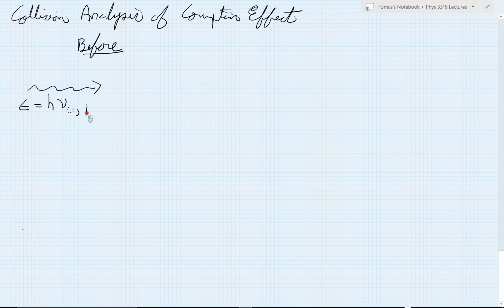And then it has, of course, by our hypothesis, a precise amount of momentum determined by our classical limiting analysis of the classical electromagnetic field, which always has momentum in direct proportion to energy, but momentum would be the energy over c. And then, of course, we have our electron, which is just sitting there.